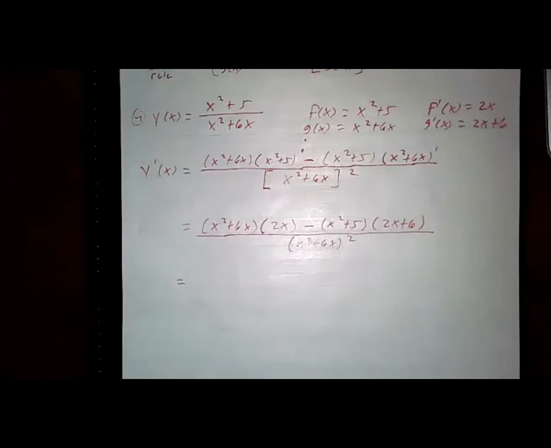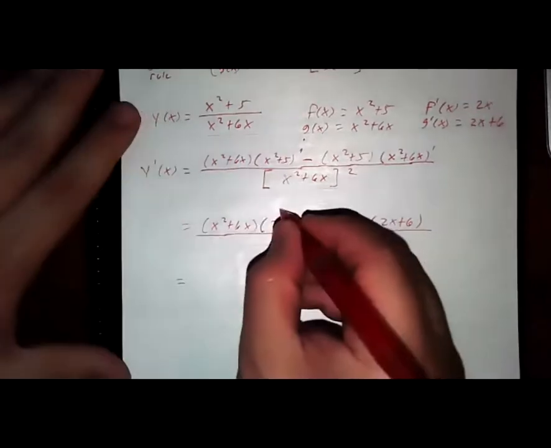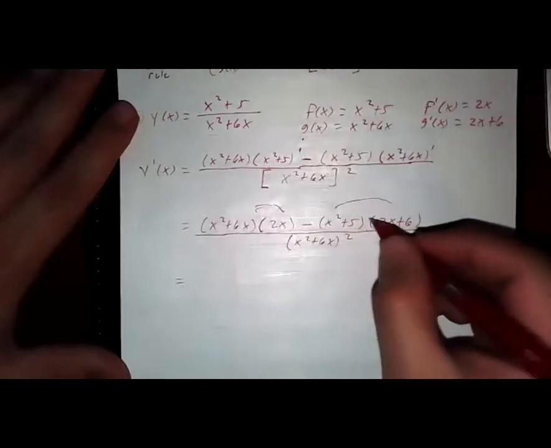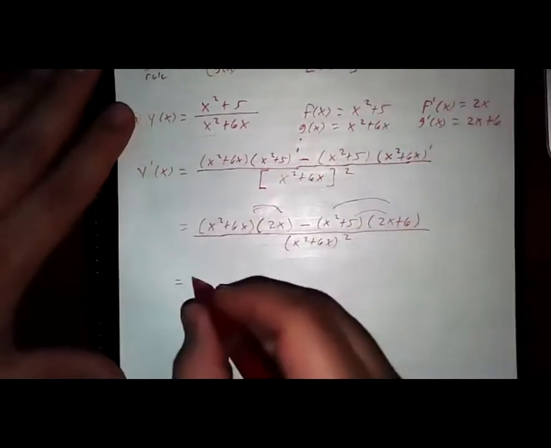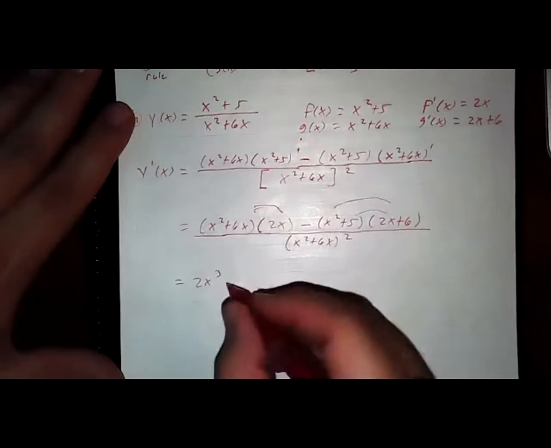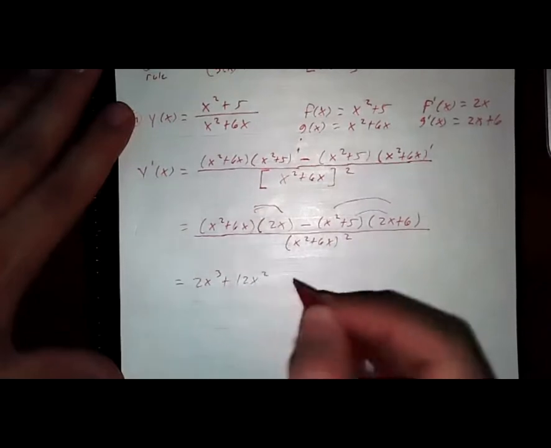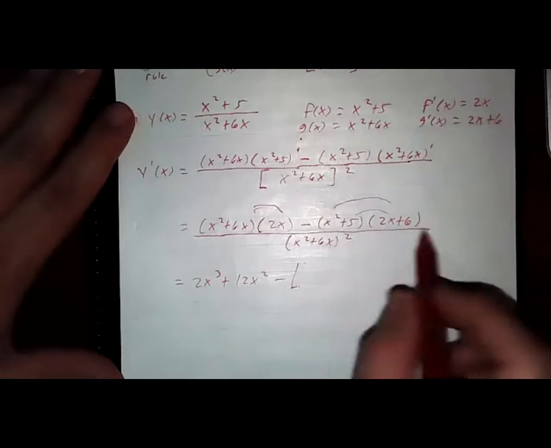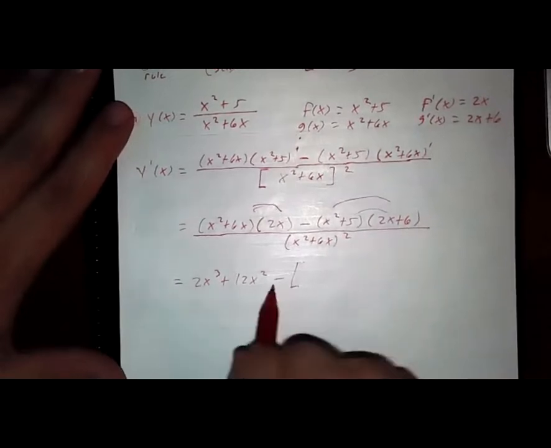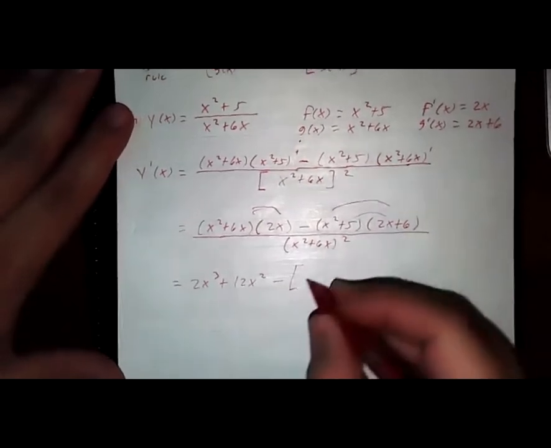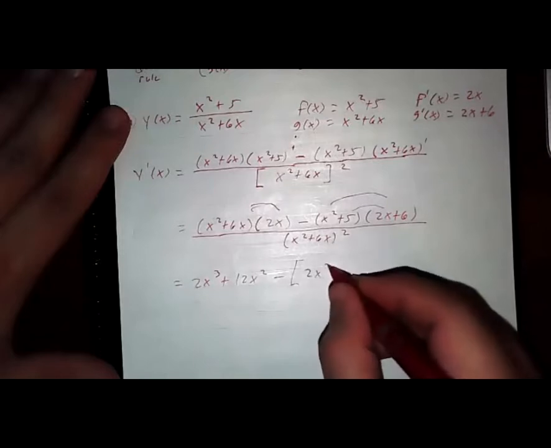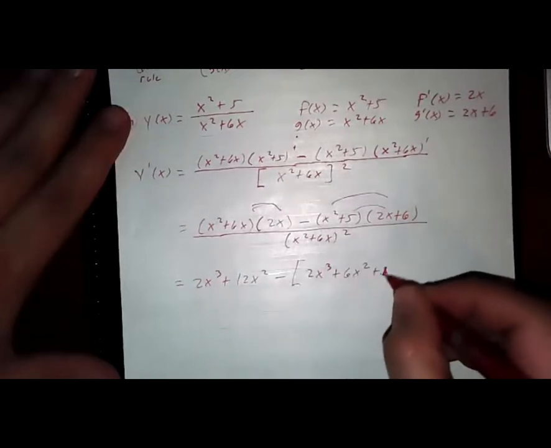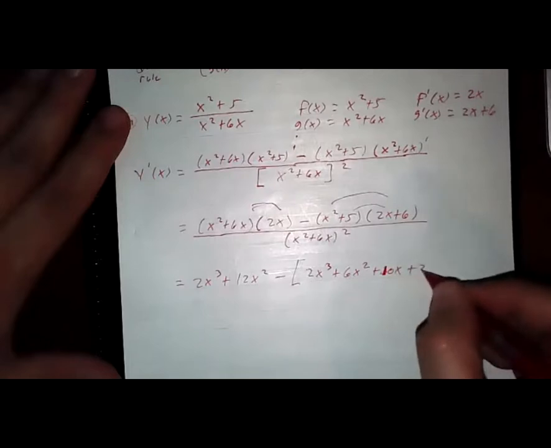That looks good. All right, so multiply this out. You'll get 2x cubed plus 12x squared minus, put a bracket here because everything will have a minus on it, 2x cubed plus 6x squared plus 10x plus 30.